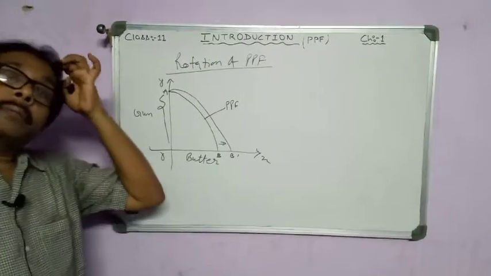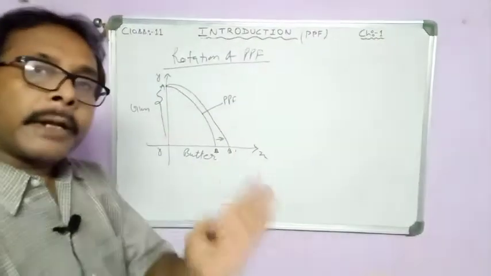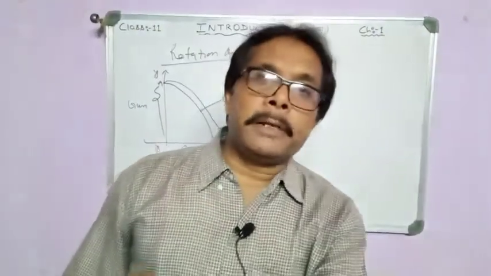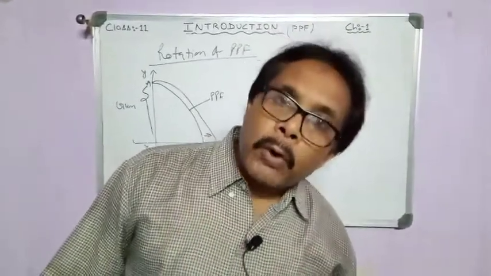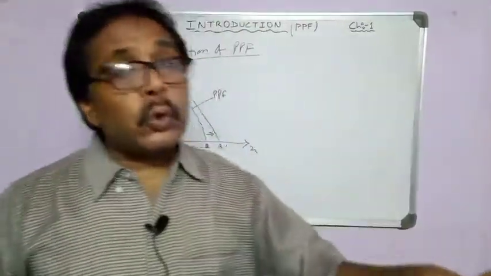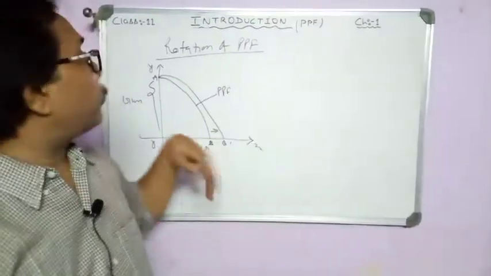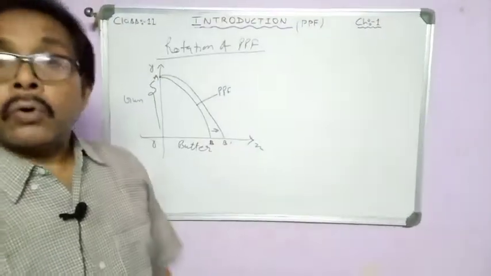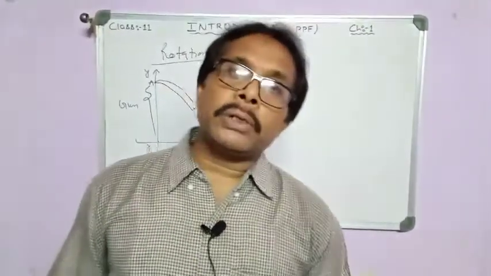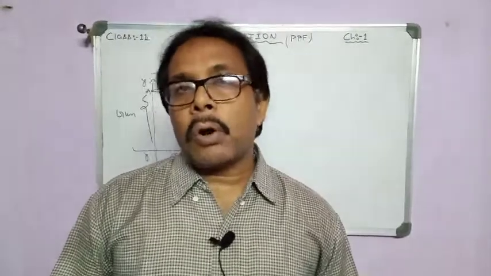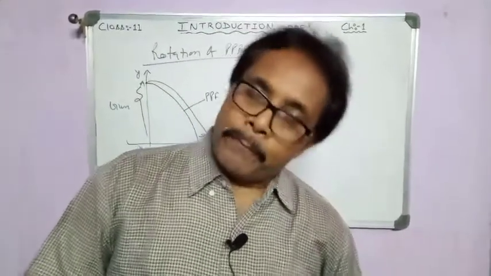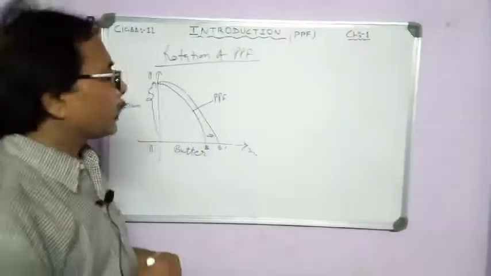In other words, if technological changes take place in the production of one commodity and there is no change in the technology in the production of the other commodity, that situation is known as rotation of PPF. Is it clear?